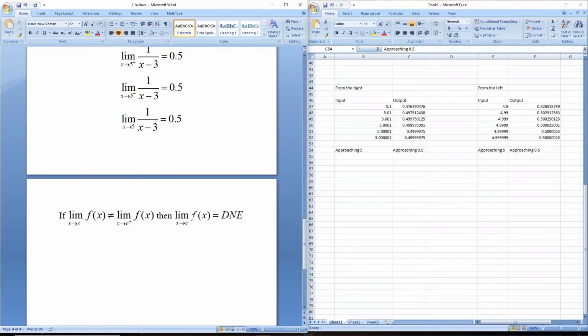We say then the two-sided limit does not exist. Now, ultimately going forward into calculus, we are more interested most of the time in the two-sided limit. So the two-sided limit is where we will find most of our value. And a two-sided limit only exists if the left and the right equal.